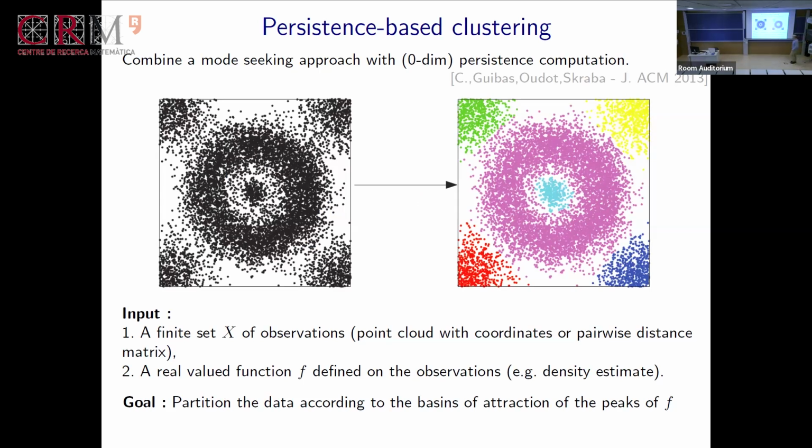We have a finite set of points, and for each data point we have a function, a given value at each data point. For example, if you estimate some density with your point cloud, it could be the value of the density estimate. Then you want to cluster according to the modes, or the basins of attraction, of the local maxima of your density.